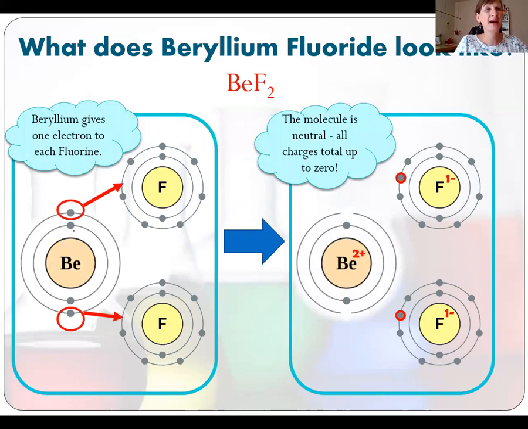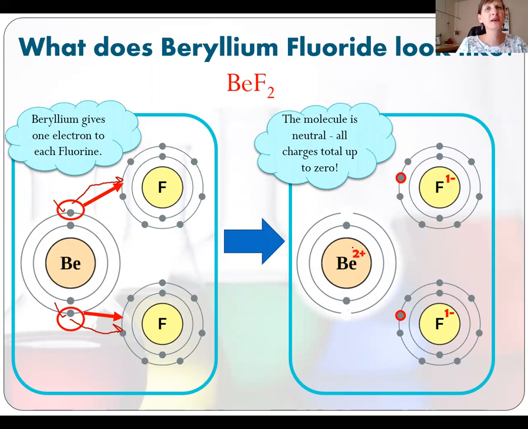So beryllium had 2 valence electrons, 1, 2. Fluorine has 7. And so beryllium gives 1 of its valence electrons to 1 fluorine atom, and beryllium gives another 1 of its valence electrons to a 2nd fluorine atom.